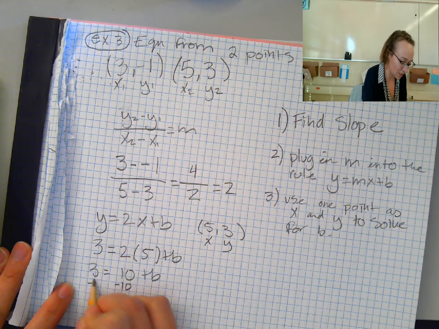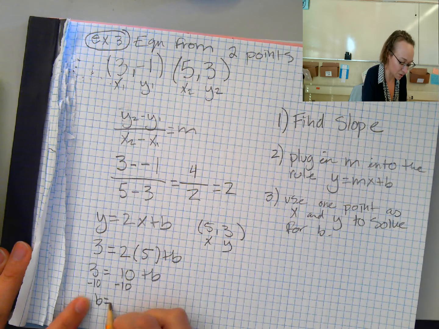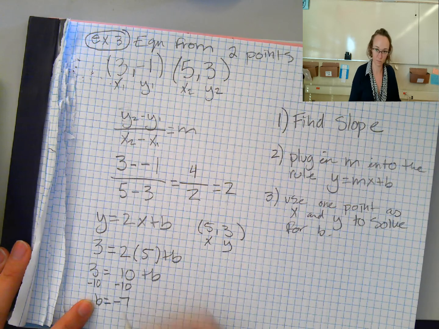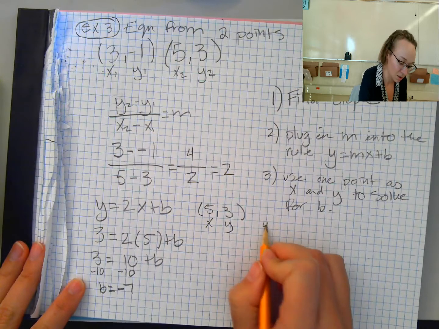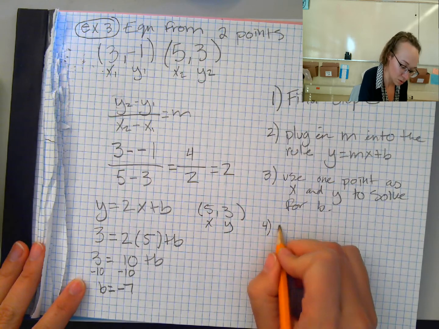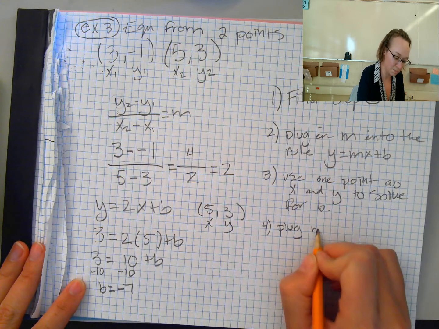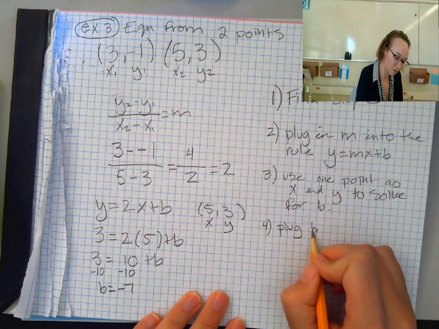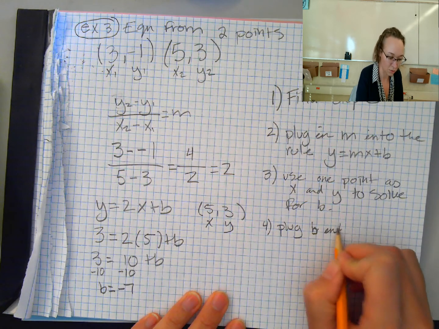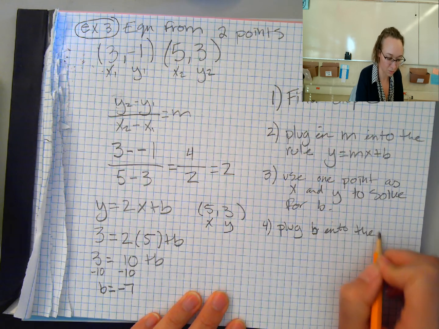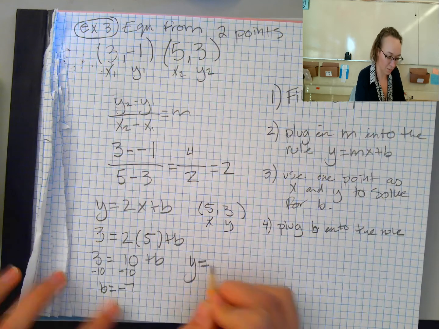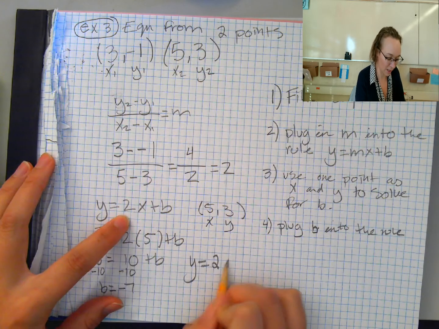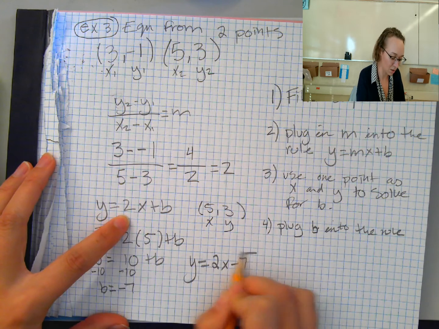I'll take away my 10s and I get b equals -7. Okay? So then I'm going to plug b into the rule. So I now have y equals, I got my 2 from above, 2x minus 7.